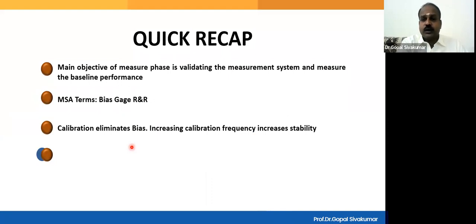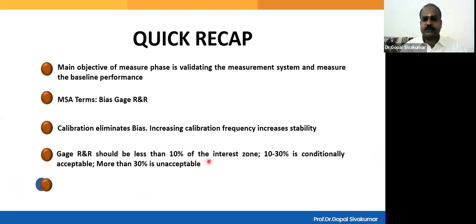The calibration procedure, maintenance of the equipment, and the frequency of calibration are important for the stability of your readings. If after calibration the gauge continues to provide bias-free readings, your readings can be considered stable. To ensure stability, calibrate the measuring equipment at an appropriate frequency.